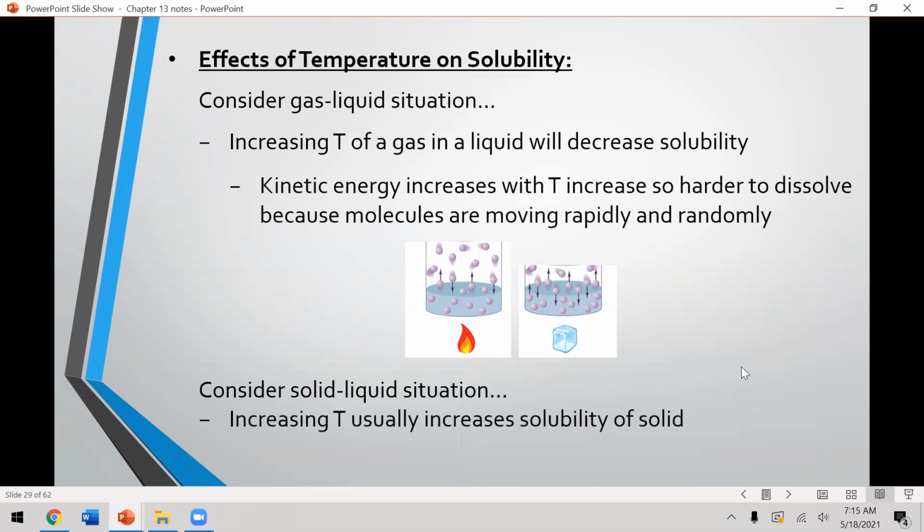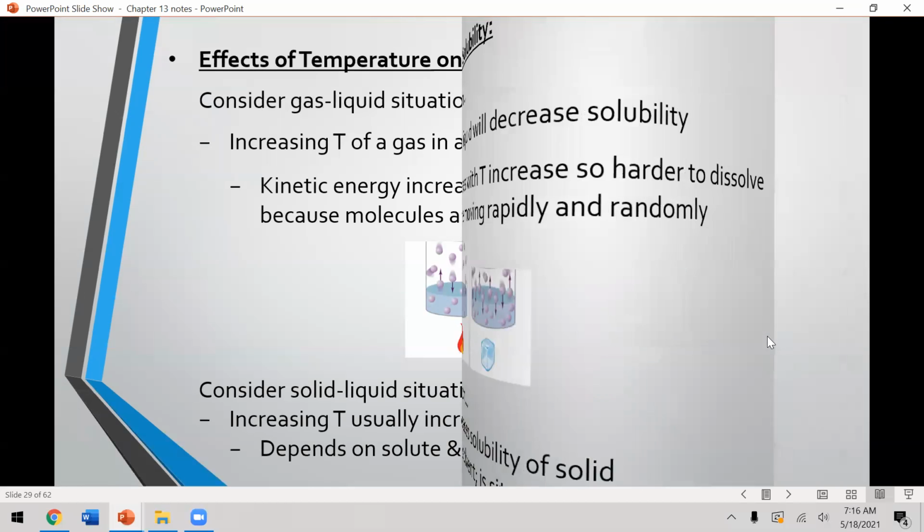If you consider a solid-liquid situation, which is what you're used to, for example, sugar and water, usually increasing the temperature of the system is going to help solubility, because you open the pockets up between the liquid particles and the solid can go inside and basically dissolve. But it does depend on your solute and solvent. It is situational. Most of the time this is true, but not always.